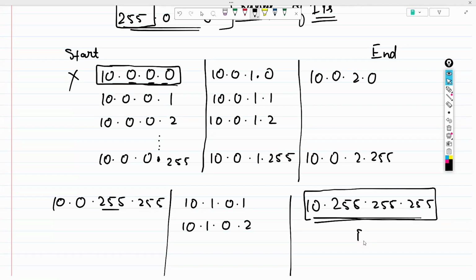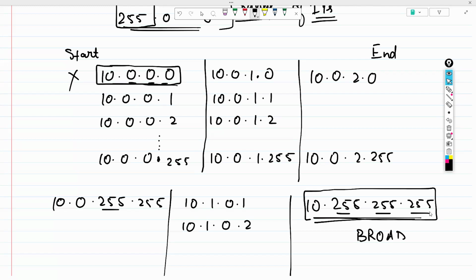Second, this one, 255.255.255, is called a broadcast IP address. Meaning if your host octets, please remember host, if your host octets have all 255, that means it's a broadcast. Broadcast meaning if I send a message, it will be sent to everyone. If it is sent to everyone, all of them cannot have the same IP address, right?